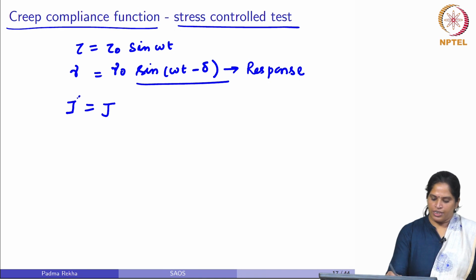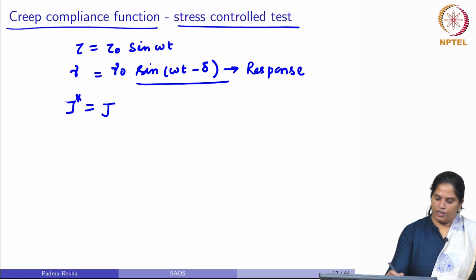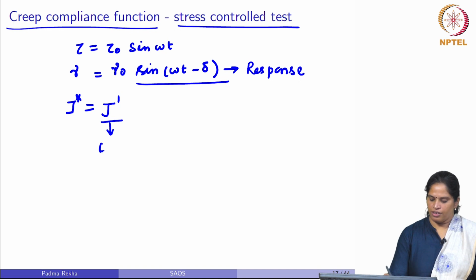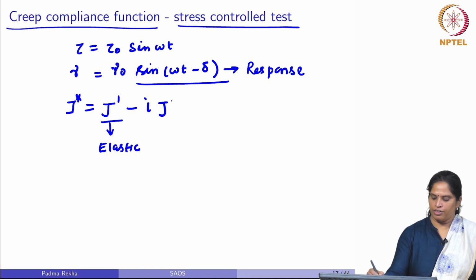We use the term J for defining the creep compliance. This creep compliance has two components: a real part, which represents the elastic compliance, and an imaginary part, which represents the viscous or loss compliance.